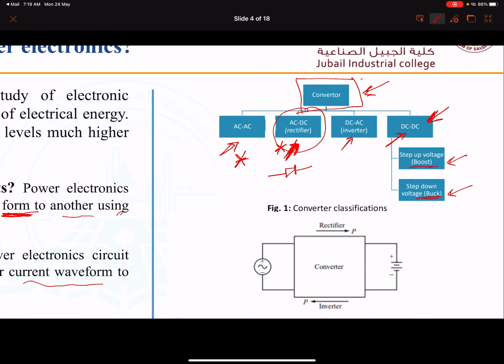Basically, it is the same concept as the transformer in AC, but this is in DC, so we cannot say it is a transformer. The name of the DC to DC converter is chopper. The transformer, you already know, steps up and steps down the voltage and the currents in AC circuits.